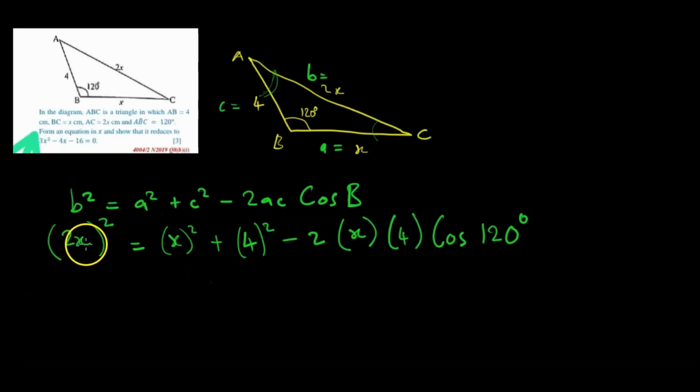So we have 2x squared. 2x squared, we should know that if we have ab squared, in the laws of indices, ab squared is equal to a squared times b squared. So the square outside here squares everything inside the bracket.